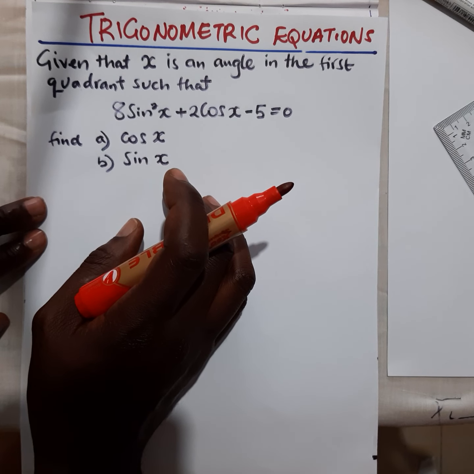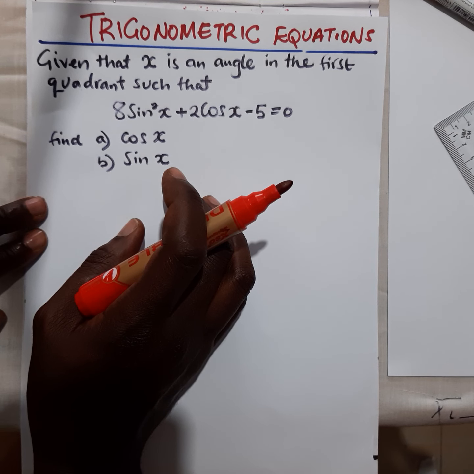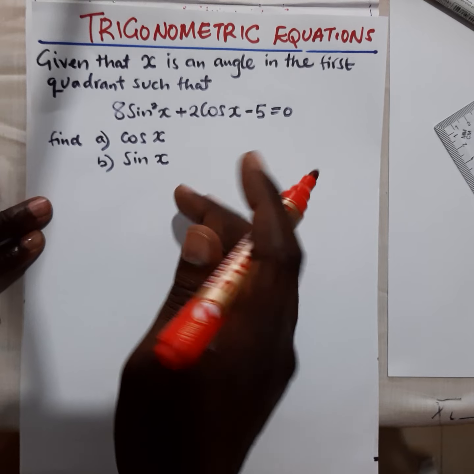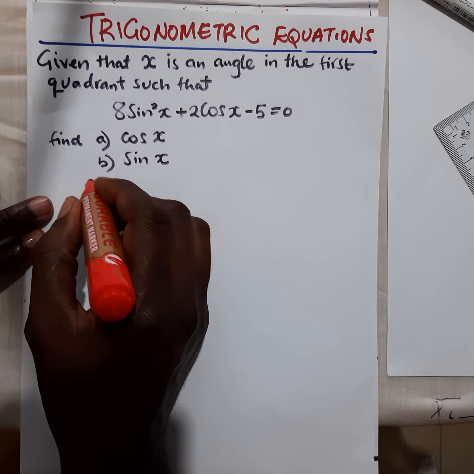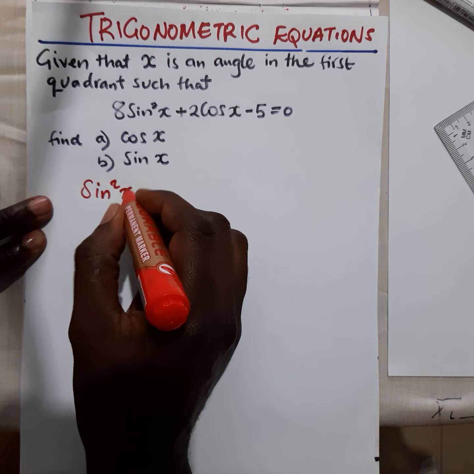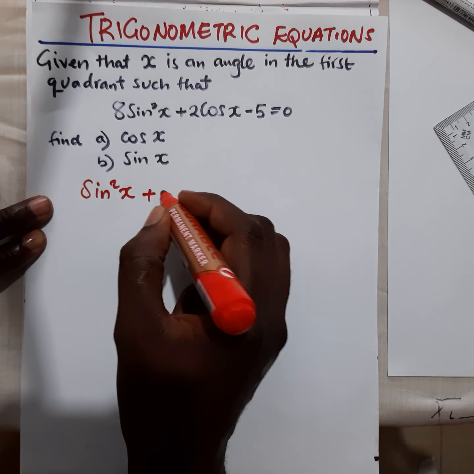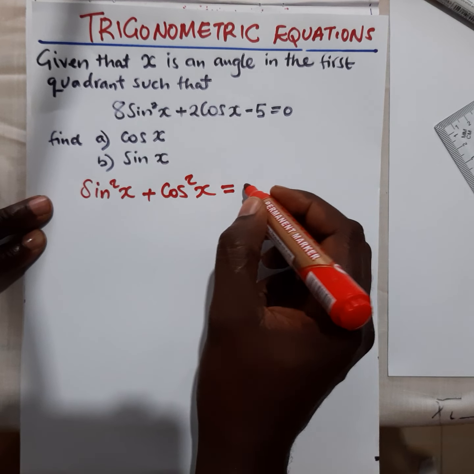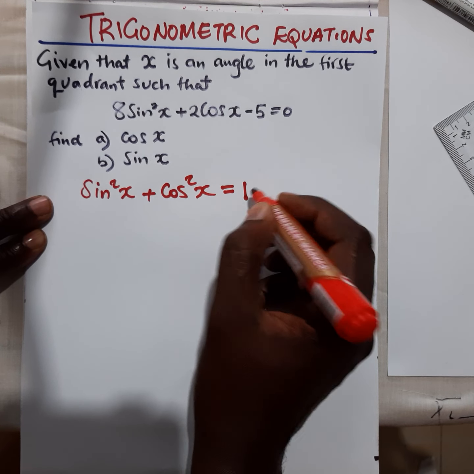Now, to start, we need to remind ourselves of trigonometric identities. We have sine squared x plus cos squared x equals 1.